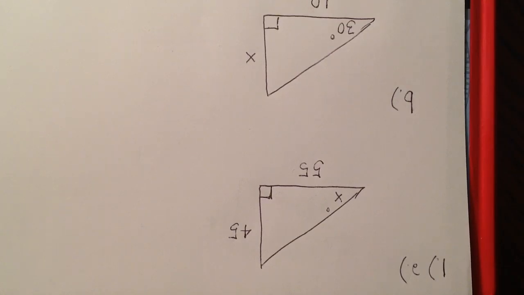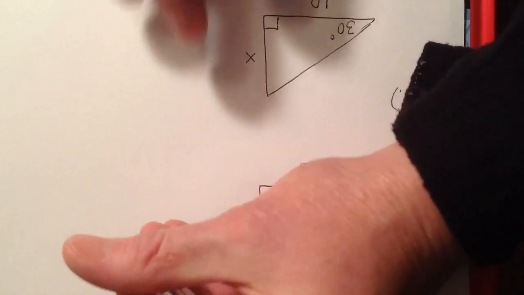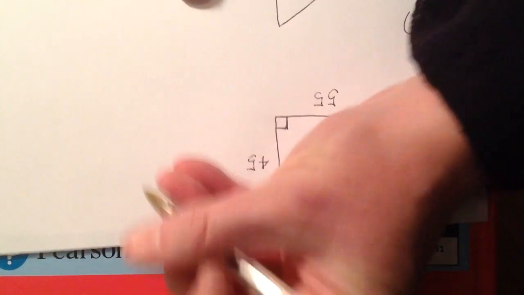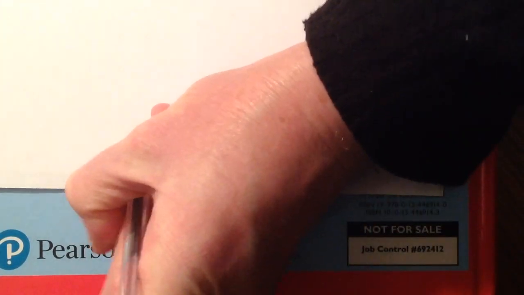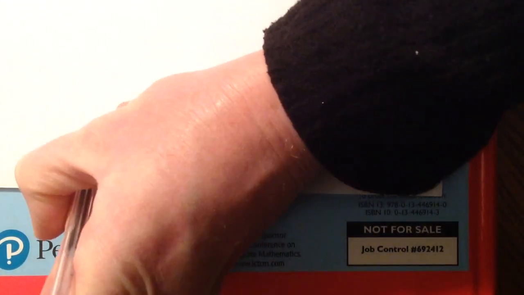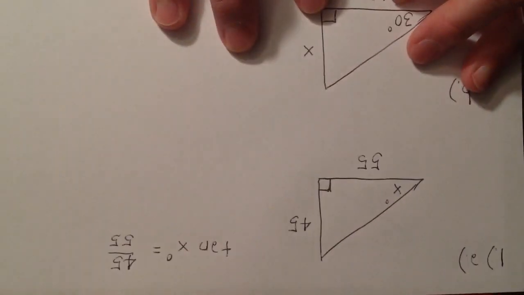So in this diagram, the tangent of angle x is equal to the side opposite, 45, over the side adjacent, 55. And we would write the tangent of x degrees equals 45 over 55.